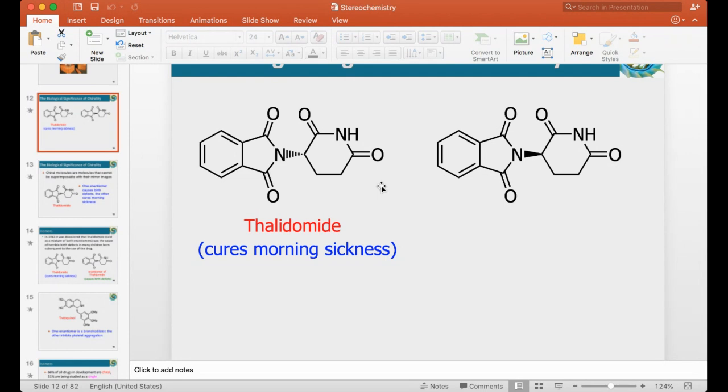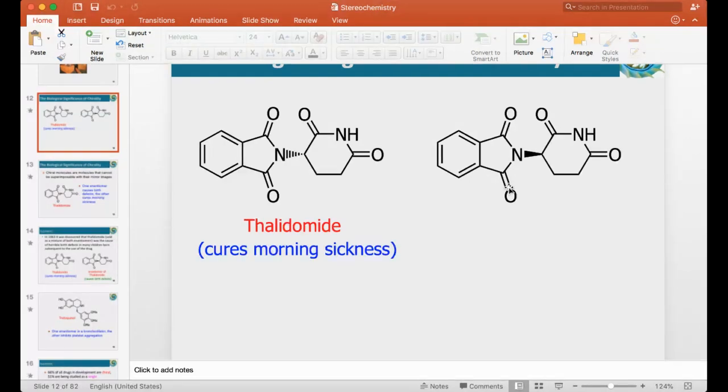And then pregnant women taking this drug were having a lot of kids with birth defects, which were freaking people out, and no one knew why that was. And the reason for that was that these are two different compounds. One compound was doing what it was supposed to do, however, the enantiomer was actually doing something else and causing all these side effects.